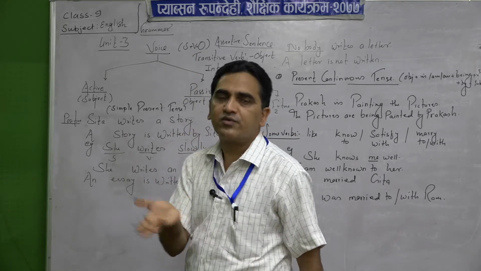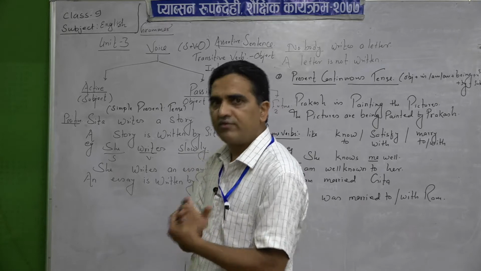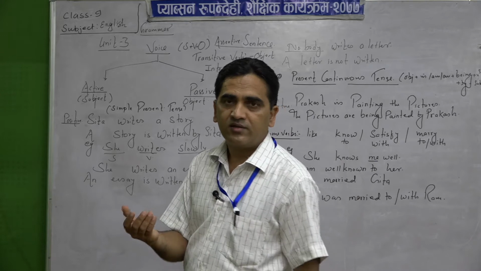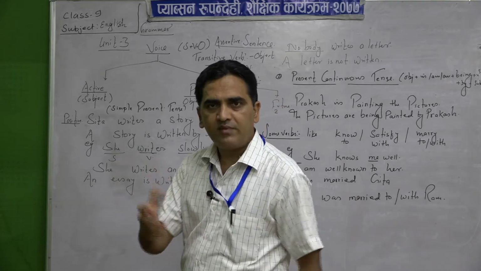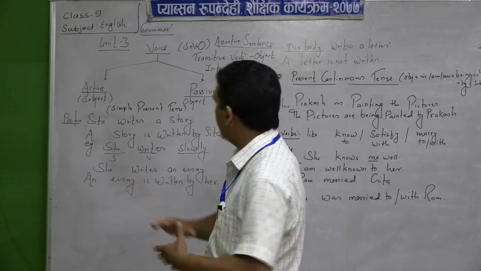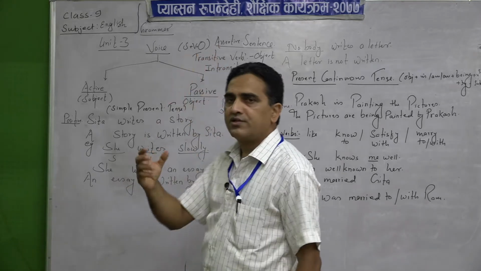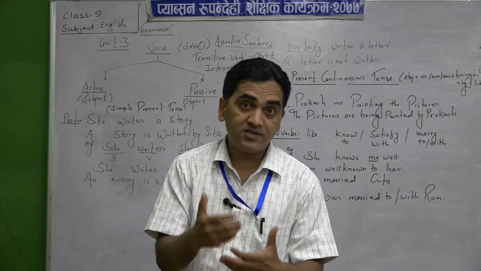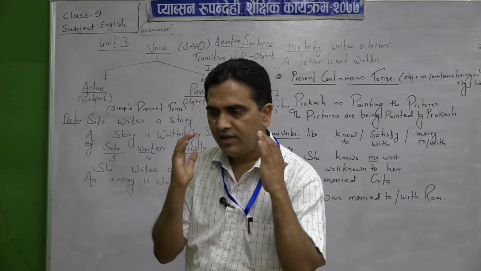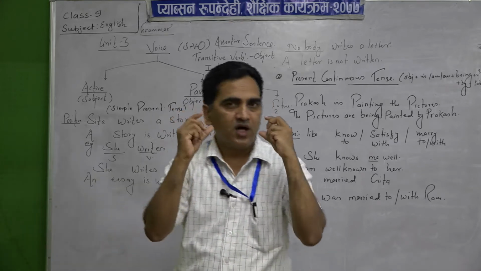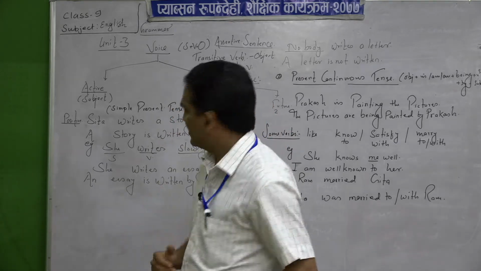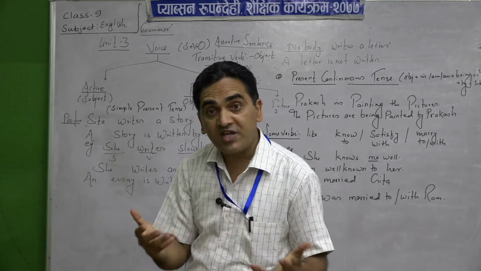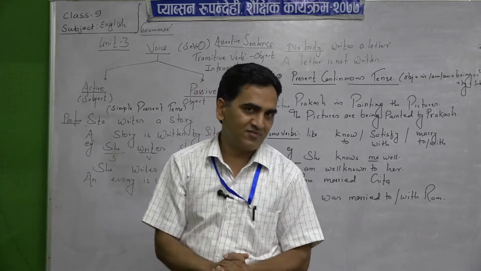Sometimes we find subject, verb and some other words, maybe determiners, maybe other nouns, etc. We must need subject, verb and object to change the sentence into passive form. My dear students, you must be clear about the things I am saying. When there is subject, verb, object, this sentence can be changed into passive form.